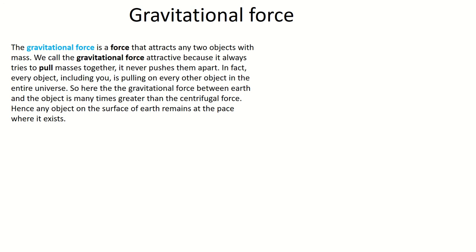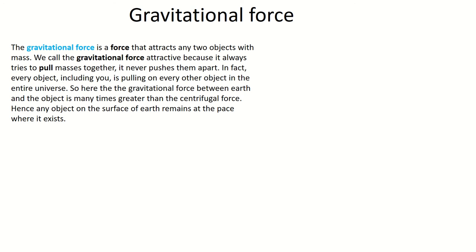So here the gravitational force between Earth and the object is many times greater than the centrifugal force. As we have seen, due to the rotation of Earth, we experience centrifugal force. But one thing is very important: the gravitational force, the attractive force between the Earth and the object, is many times greater than the centrifugal force. So what happened because of this?